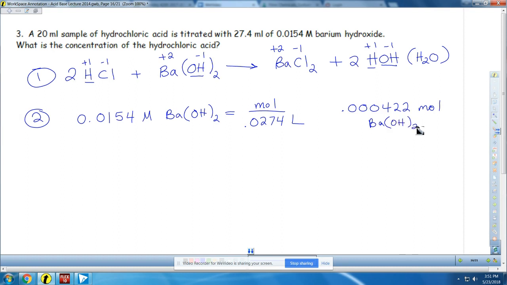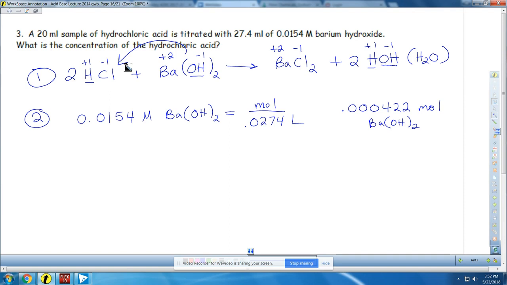Done. Awesome. Now, again, at this point, you might be able to skip step 3. I eventually now want to be able to use the ratio in the balanced equation to go from the known solution to the unknown.